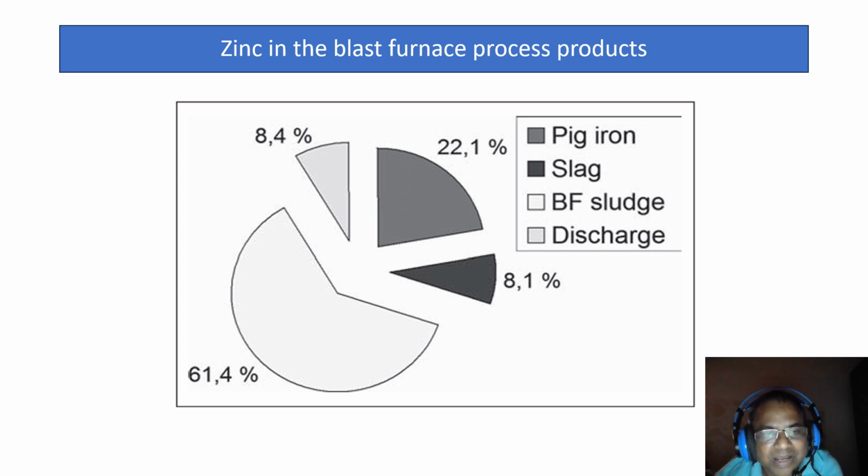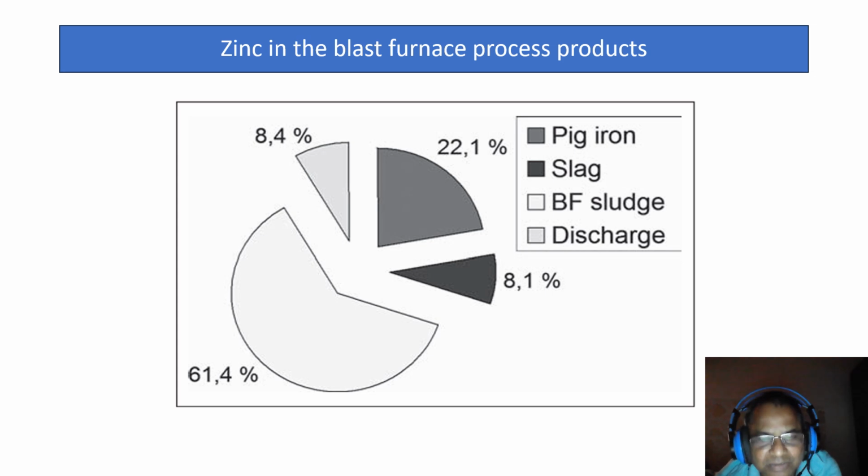This is a slide which shows that among the process products of blast furnace, sludge is the most contributory product which discharges this zinc, and the zinc contribution in the blast furnace sludge is much higher.